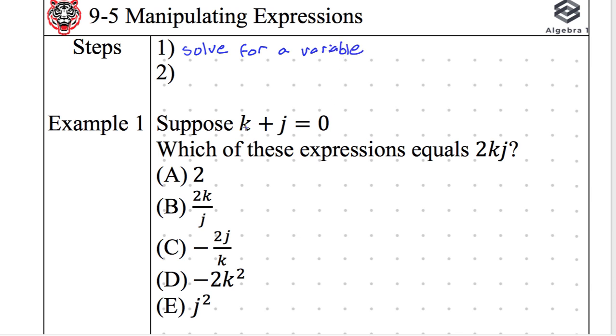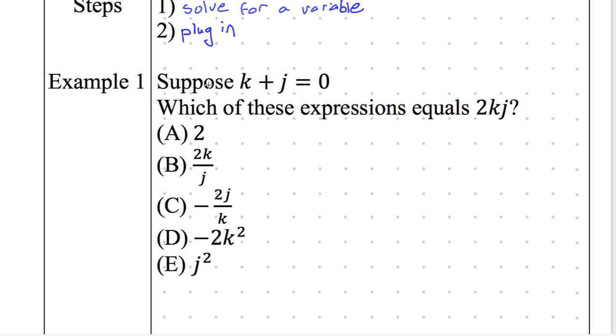So in this case, I have k plus j is equal to 0. I can either solve for k and subtract j, or I could solve for j and subtract k, and try to get one of these variables by itself. And then step 2, plug in. You might have to repeat these steps, but those are the general steps.